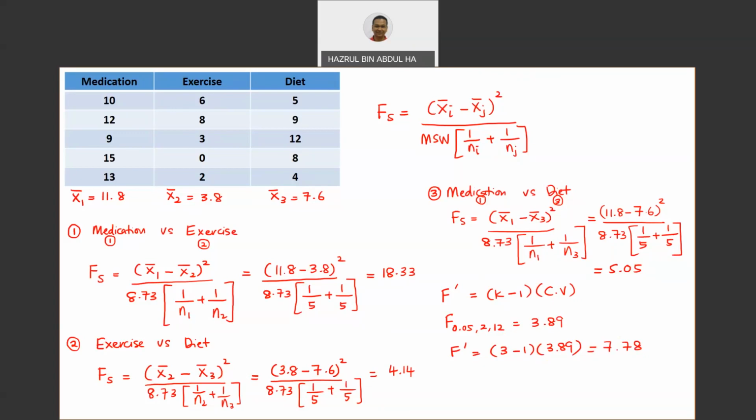Now we have to compare F prime and the test statistics, Fs. F prime is 7.78, so this is the critical region.